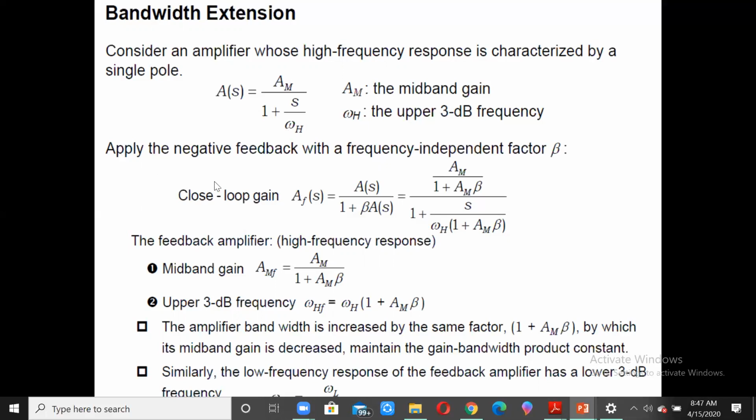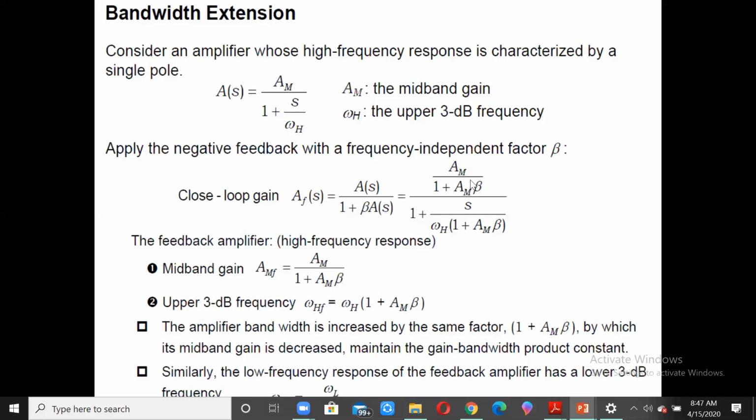Now, if we apply negative feedback, then we are going to get Afs is equal to As divided by 1 plus beta As. In place of As over here, we can substitute the As value and rearrange the whole thing, and then we are going to get this. From this you can see that the new value of the midband amplification is AM divided by 1 plus AM beta.